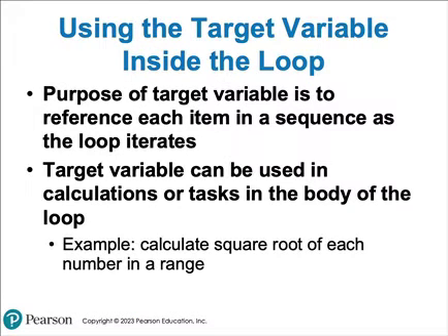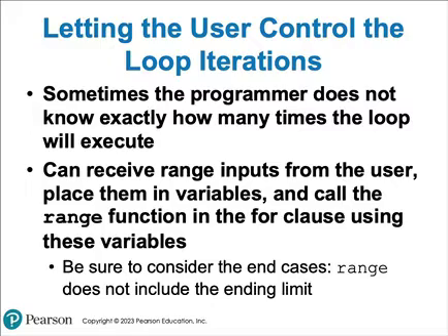So here we're going to look at an example where we want to calculate the square root of each number in a range. This will also allude a little bit to things we need to know about for your second programming assignment.